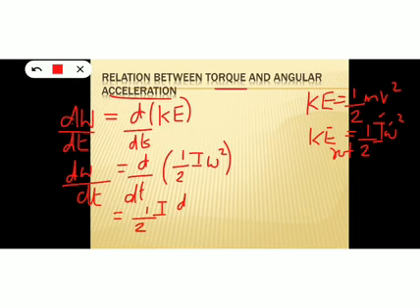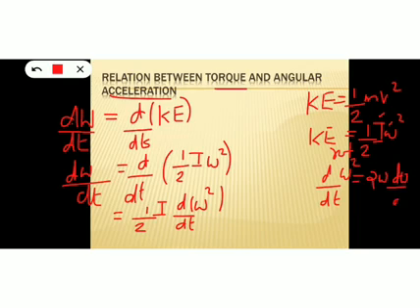Then we are differentiating omega square with respect to t. That means we are applying the differential operator on omega square. And you need to study this derivation by heart. Derivative of omega square is 2 omega d omega by dt.